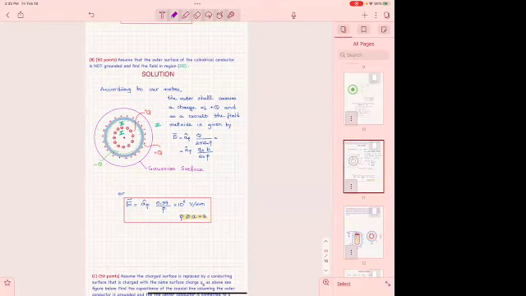So what happens if all of the charges inside were not uniformly distributed like that, but the whole charge Q was in one place only?